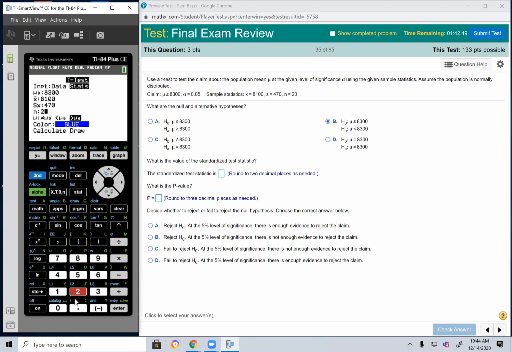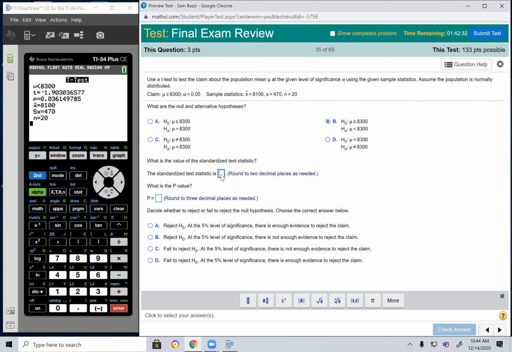And N is what, 20? And what's the alternative hypothesis, less than? This one, we always put the alternative hypothesis, not the claim. Okay, so T is negative 1.9. How many digits? He says 2 decimal places.